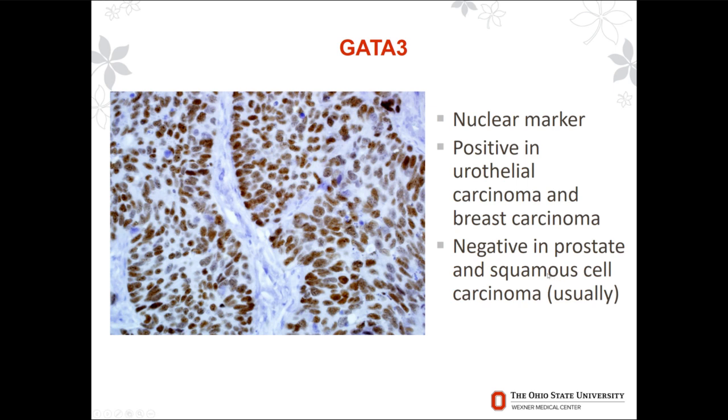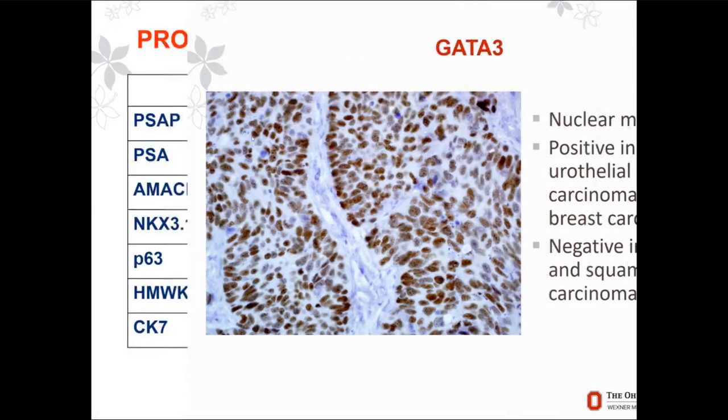So when you are confronted with a patient who has a metastatic lesion, has some history of bladder cancer, and is GATA3 positive, the only key cancer to distinguish it from is breast cancer. So I often include ER, PR, or gross cystic disease fluid protein in these patients to separate it from breast cancer.